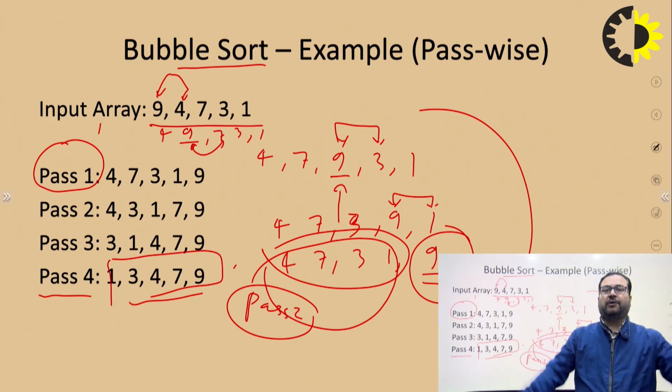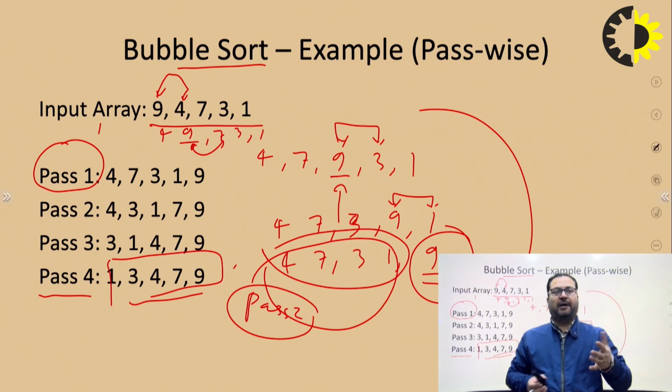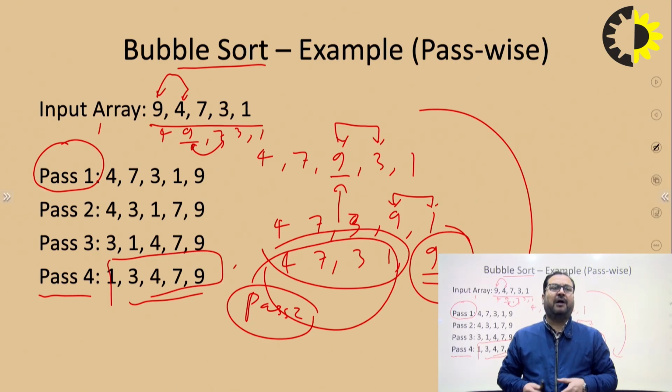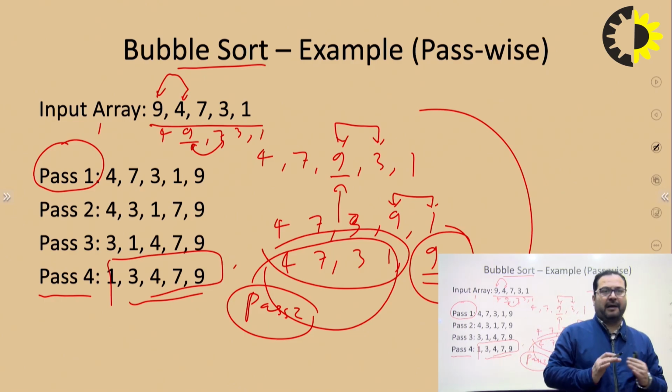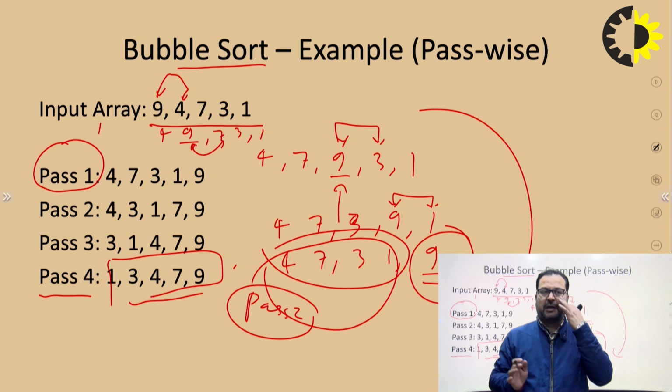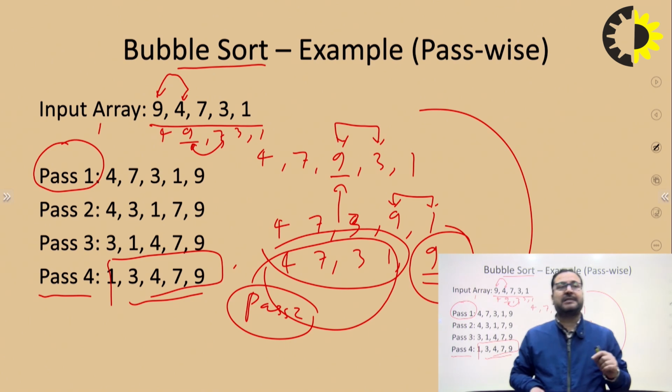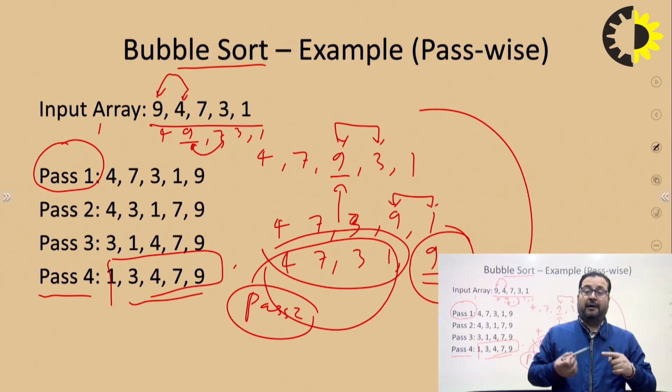So in bubble sort, there are 3 main points. First, there are n passes. In bubble sorting, there could be various passes, and after each pass, the maximum element will get its right position.